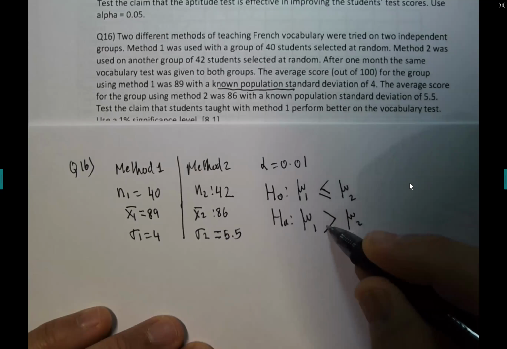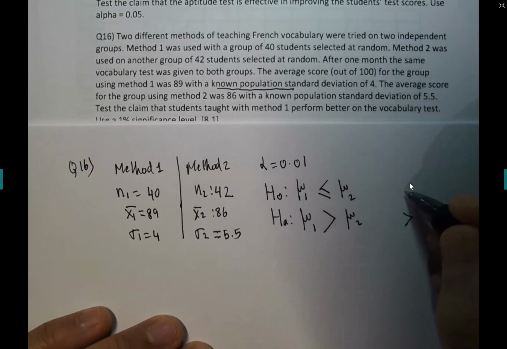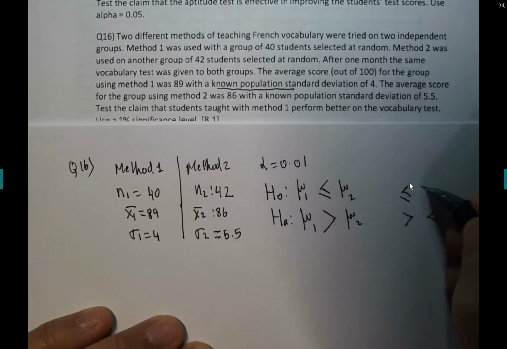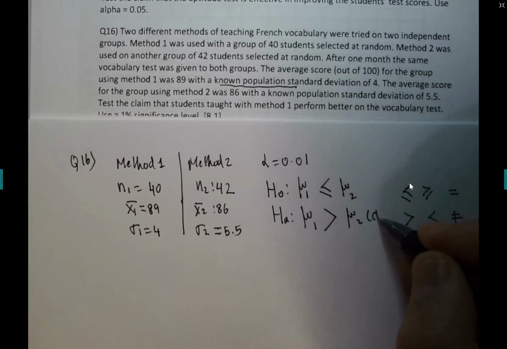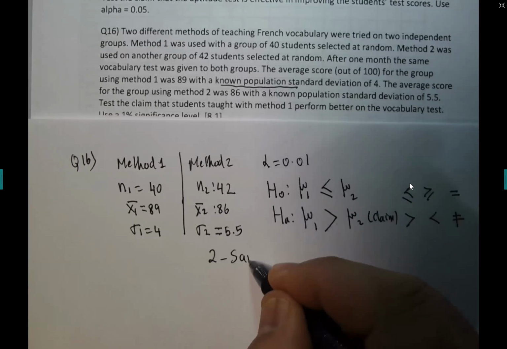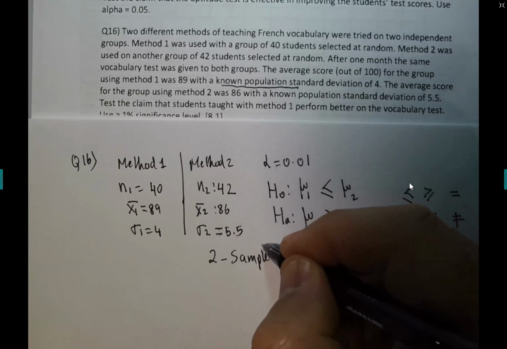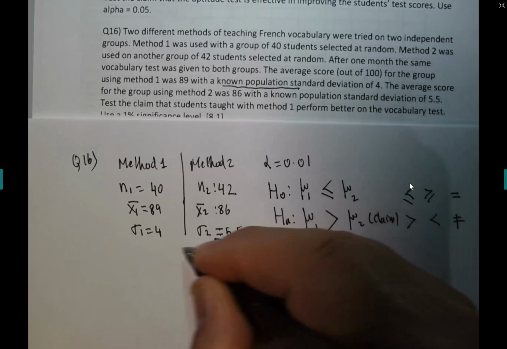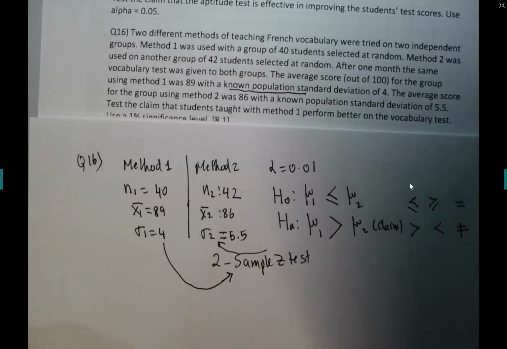Remember, the alternative has to have one of those signs, and the null will have the opposite. Always, always, always. And the claim is right here, guys. And this is a 2 sample z-test. If you ask me why z-test, it's because he gives you sigma 1 and sigma 2. It's a 2 sample z-test.